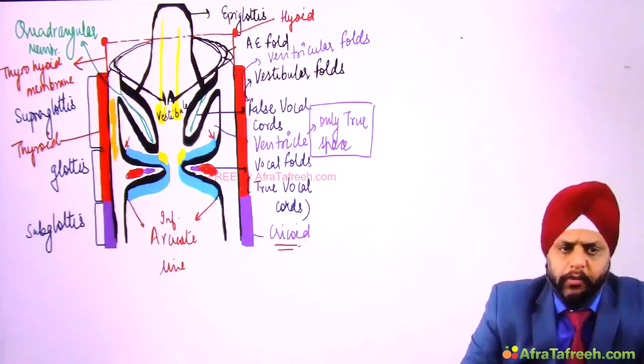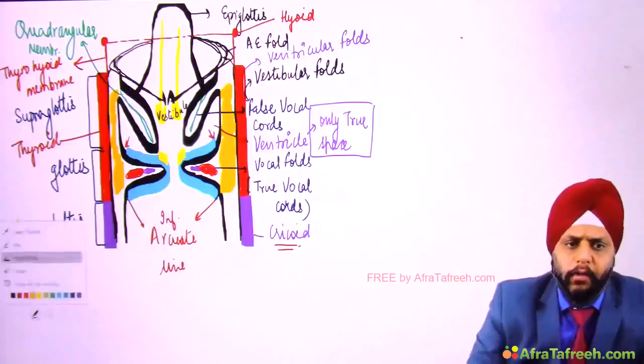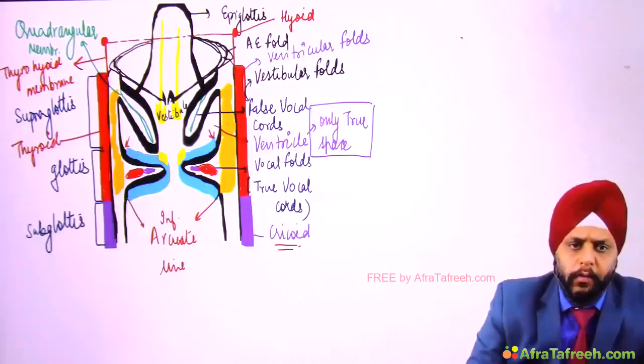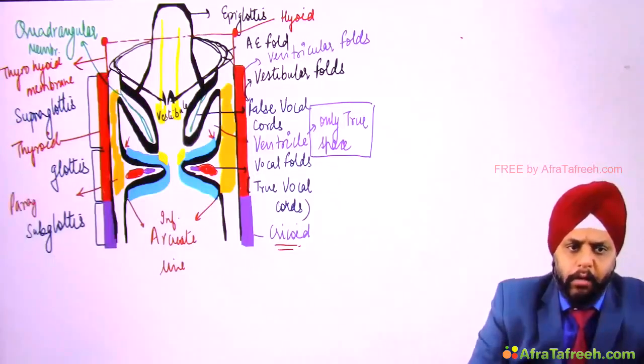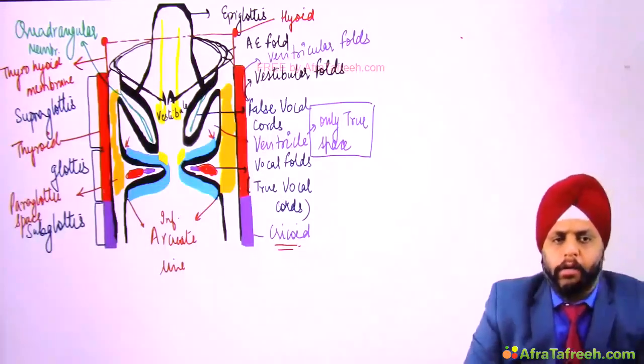This area that I am shading in the yellow color on both the sides, some of you might have guessed it, this is known as paraglottic space. So this space was left in the anatomy.